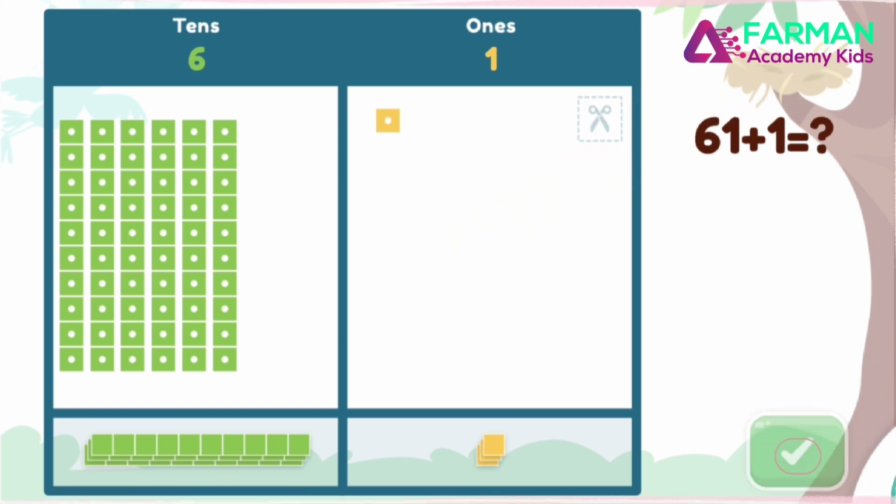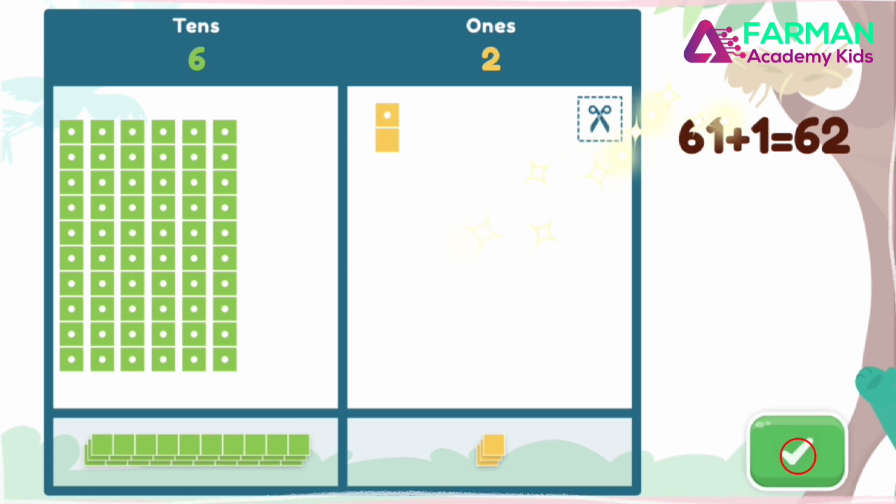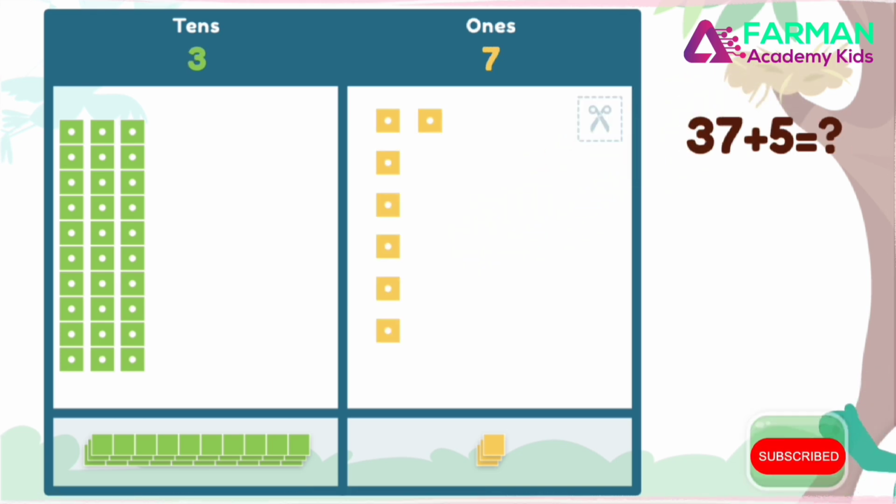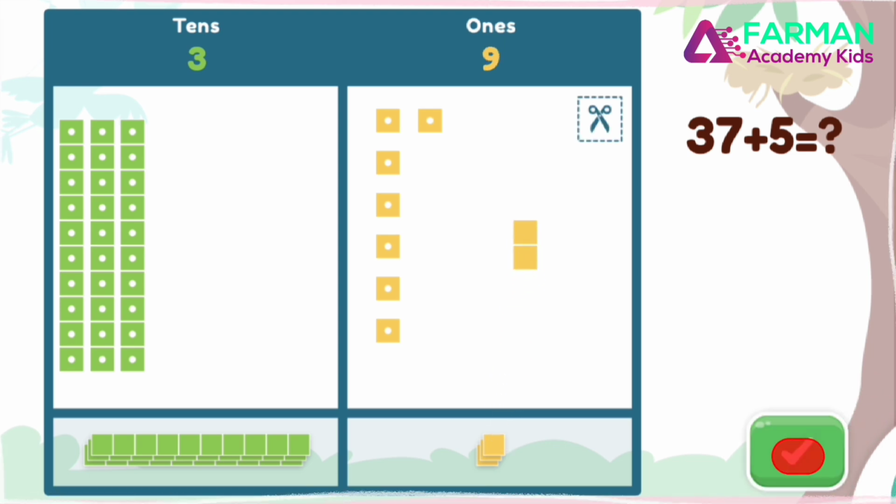Use the rods and blocks to solve the equation. 61 plus 1. Good thinking! Use the rods and blocks to solve the equation. 37 plus 5.